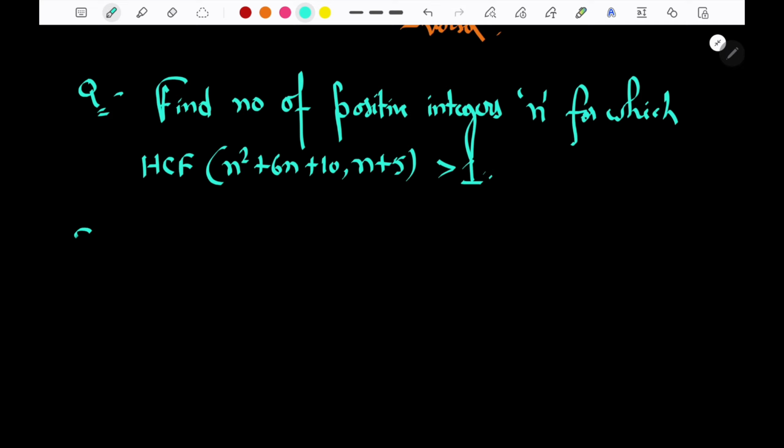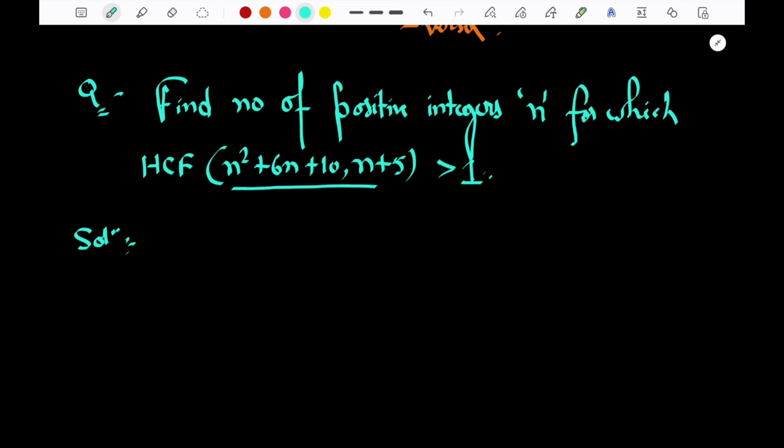It means HCF is greater than 1 for these two values. So we need to find the number of positive integers n for which HCF of n square plus 6n plus 10 comma n plus 5 is greater than 1. It means they are not coprime. So that is the meaning of it.